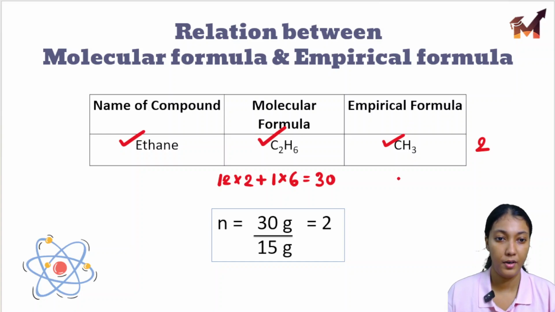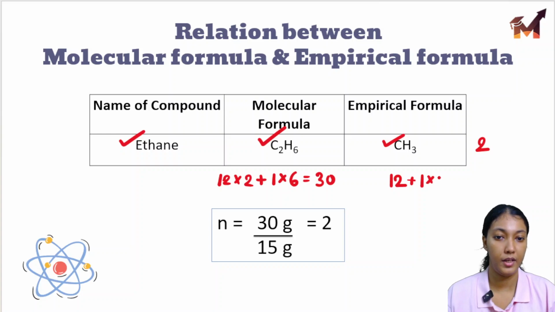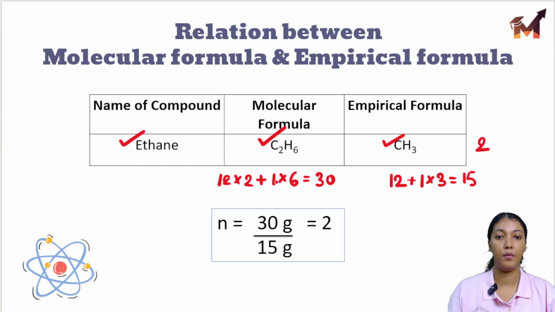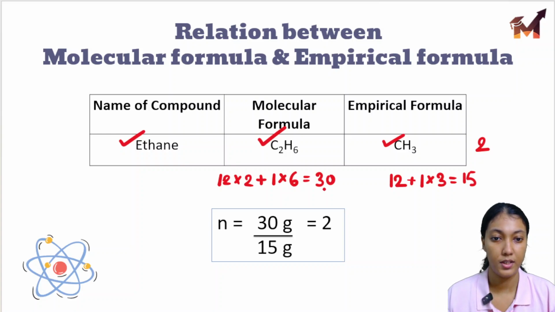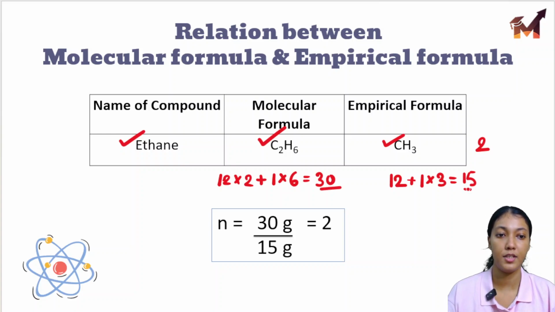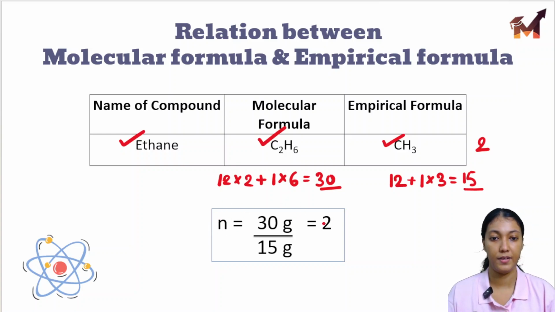And for the empirical formula mass, it will be 12 because there is 1 carbon now, and 1 into 3 because there are 3 hydrogens now. So it will be 15. So we have our molecular formula mass, which is 30, and empirical formula mass, which is 15. Now if we just divide them according to our formula that we studied in the last slide, we will get 30 by 15, which equals 2.